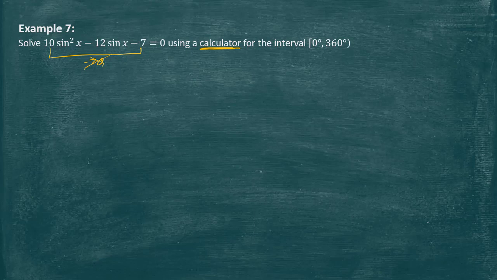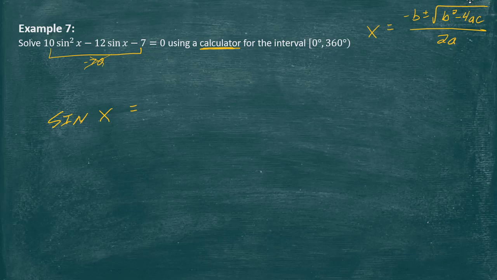Now what's nice is because it's in a quadratic form, we can utilize the quadratic formula, which normally would start with x equals. So the quadratic formula would be x equals -b plus or minus the square root of b squared minus 4ac, and then all of that's over 2a. Except in this case, it's not just x's that are there, it actually is a sine of x. So how this would work with trig getting involved in this quadratic form is I would say sine of x is equivalent to, and start plugging in the values from the quadratic in place of the a's, b's, and c's in the formula itself.